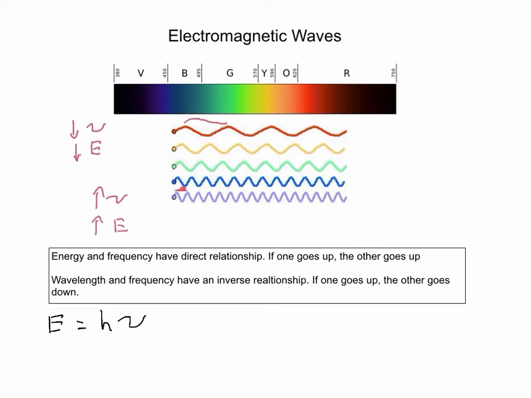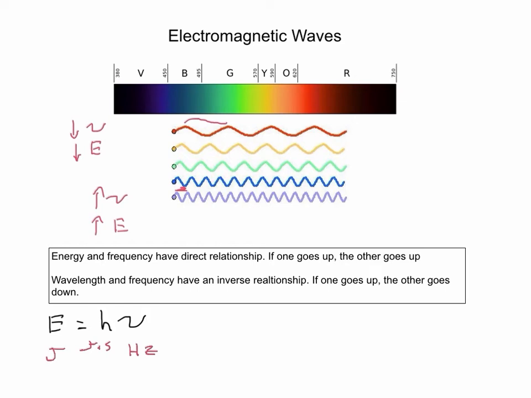So the bigger that nu, the frequency is, the bigger the energy is going to be. And we have to, again, always pay attention to units. In this case, the units for energy will be in joules, or J, and the unit for frequency will be in hertz. The unit for h is joule times seconds.